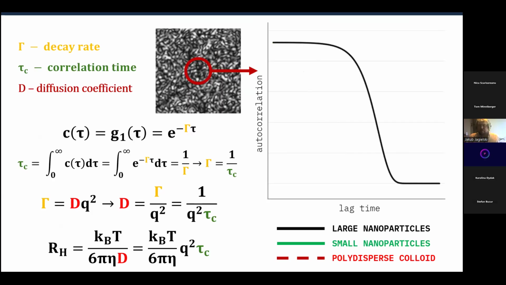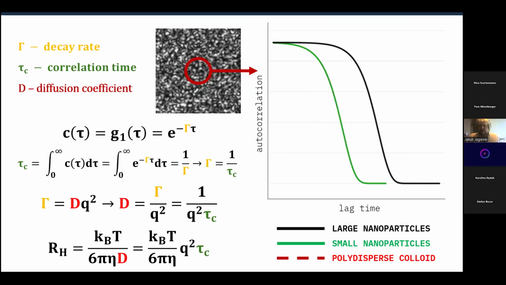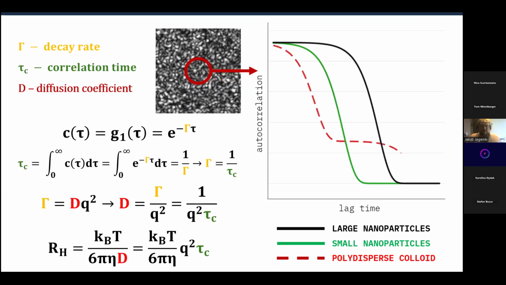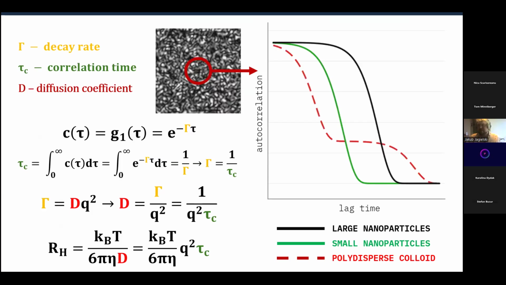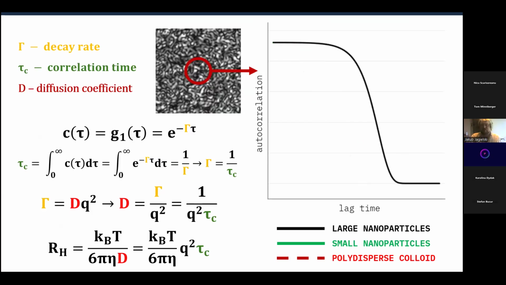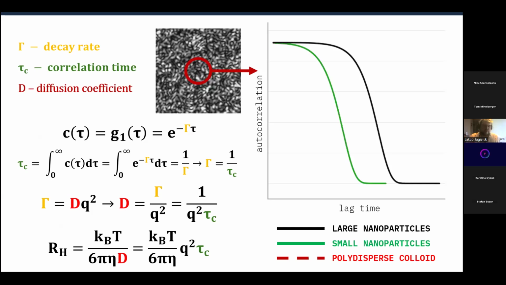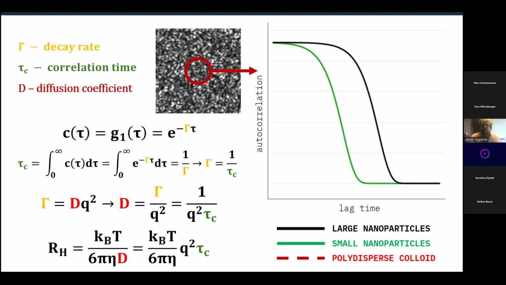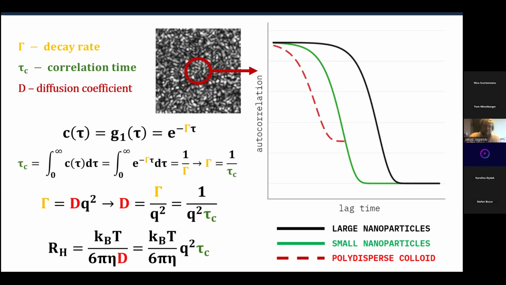The tool we use is the autocorrelation function. In simple terms, autocorrelation quantifies how similar the scattered intensity signal is to itself after a certain delay, which we call the lag time tau.